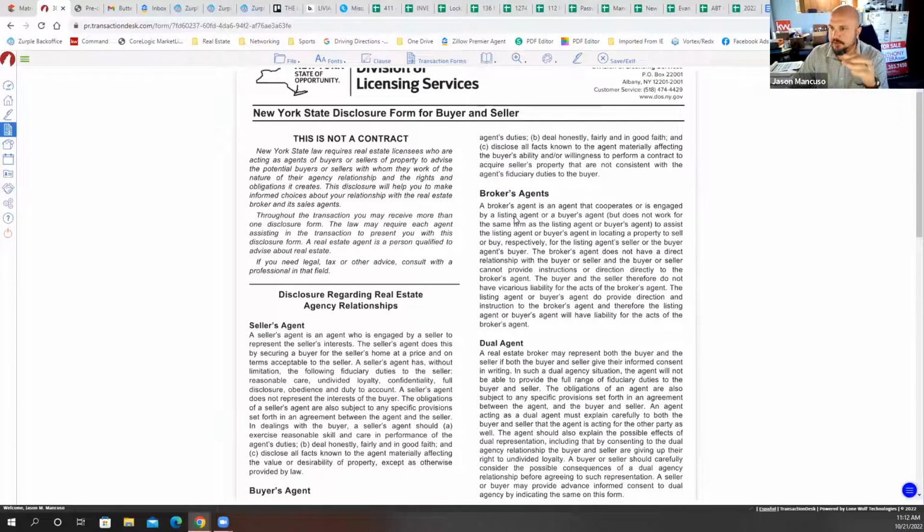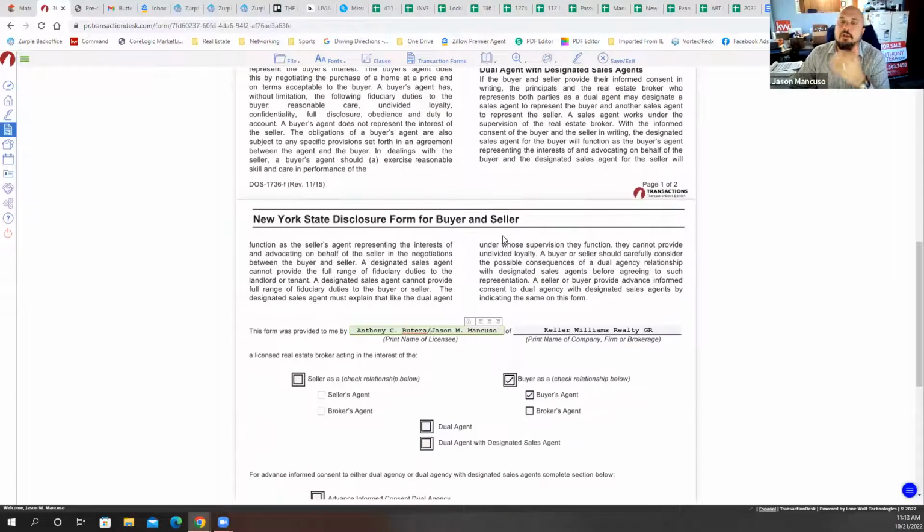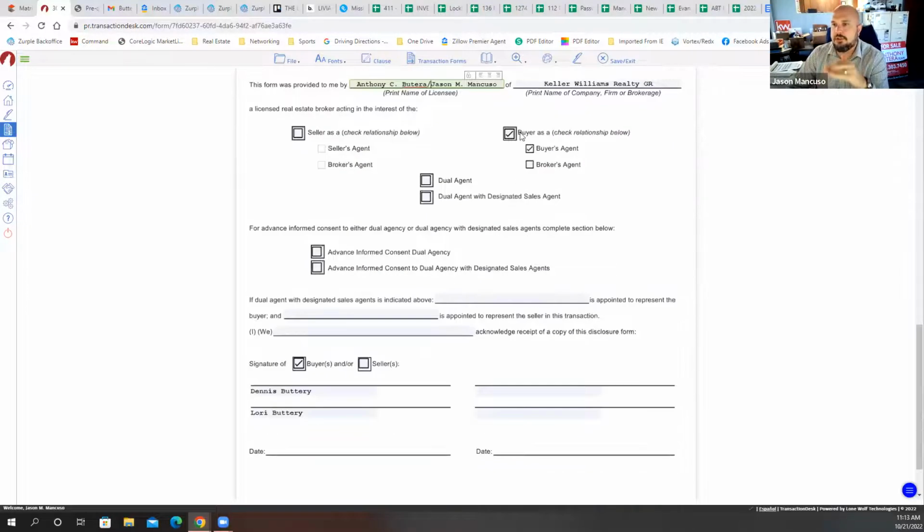Agency form. This is needed no matter what. If it's a listing with another brokerage, you're just the buyer's agent, okay, which is already filled out. If it's a listing within Keller Williams, but not on our team, then you're a dual agent with designated sales agent. A general rule of thumb, you're never going to use this advanced informed consent of dual agency.